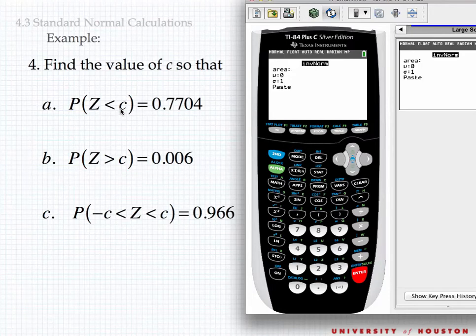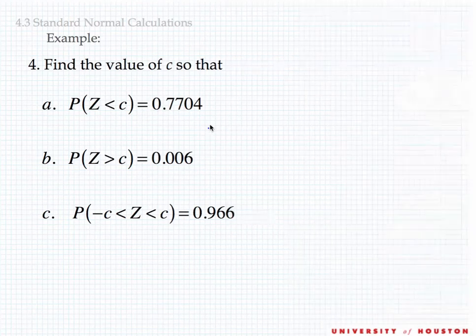When we have a less than, we enter the probability as it's given. If we have z's, we use a mean of 0 and a standard deviation of 1. So our value of C is 0.7402.